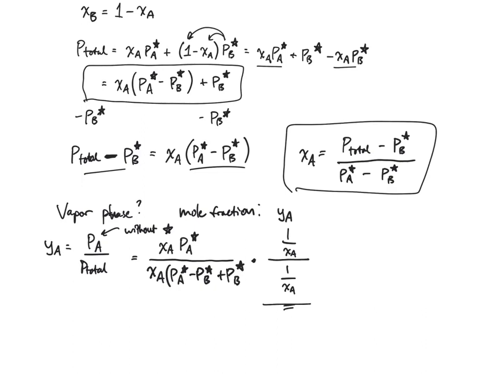But the effect this is going to have is it's going to cancel out the XAs here and here, but it is going to put divided by an XA right down there. So let me write out what this equals at the end. This equals PA star divided by PA star minus PB star plus PB star over XA.